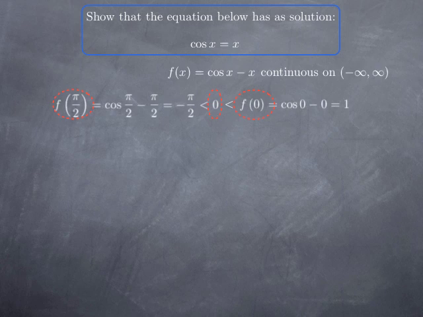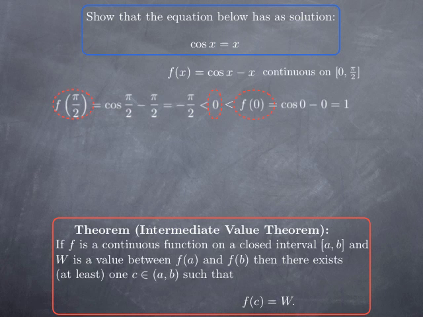And moreover, the function is continuous on the real line, so its restriction to [0, pi/2] is continuous. Therefore, we are exactly in the situation described by the intermediate value theorem, where a is 0, b is pi over 2, and w is 0.